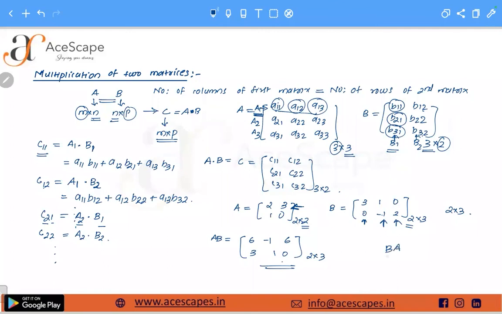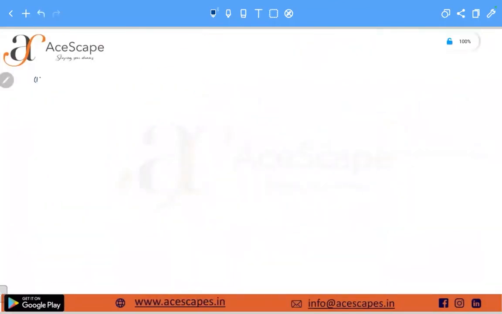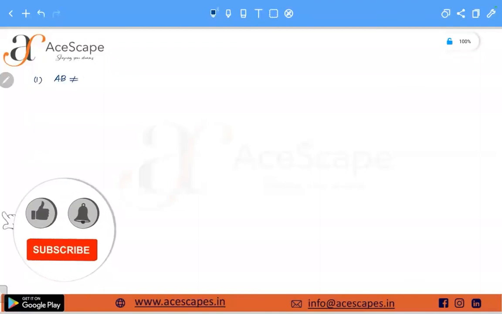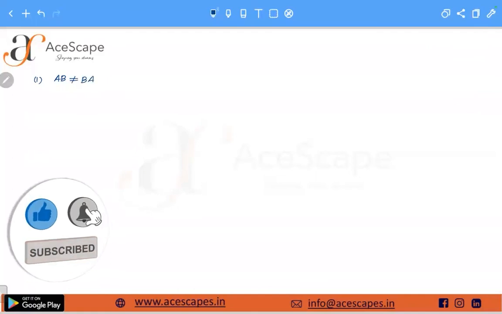We cannot, because B is of size 2 by 3 and A is of size 2 by 2. These two are not equal. So B into A does not even exist. So this gives us one property of matrix multiplication, that AB will not always be equal to BA.